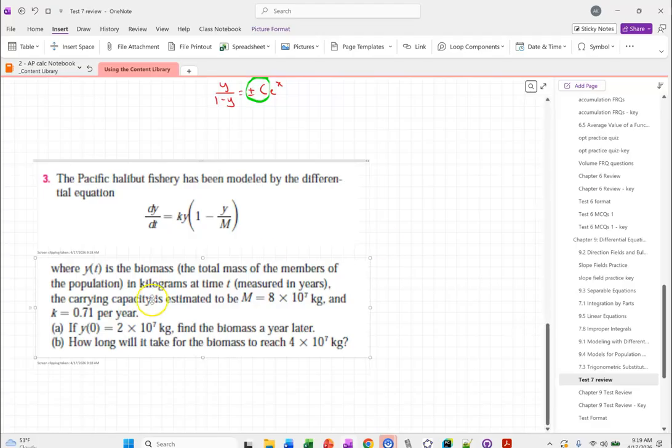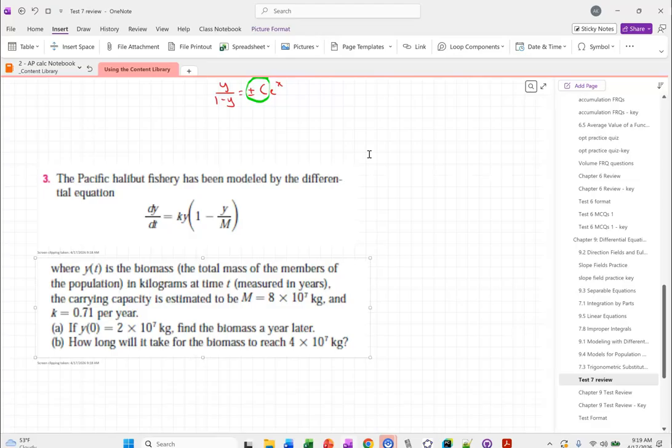So this question reads, the Pacific halibut fishery has been modeled by the differential equation dy/dt equals ky times (1 minus y over M), where y(t) is the biomass in kilograms at time t measured in years.